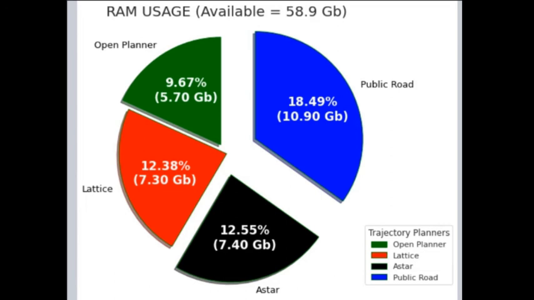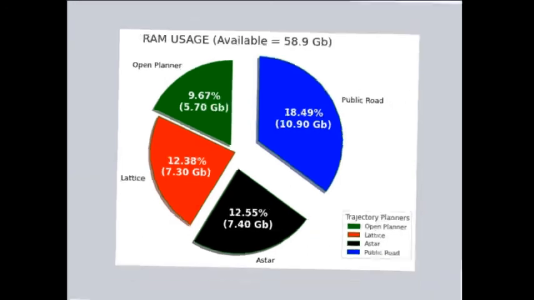I mean a lot, because I had 60 gigabytes of memory in this rented computer. So it's relative to how much memory your machine has available. OpenPlanner used about 10%, then Lattice 12, and also A-star 12, and this is not too much compared to Apollo. Also Apollo here is the biggest in memory and in CPU consumption.